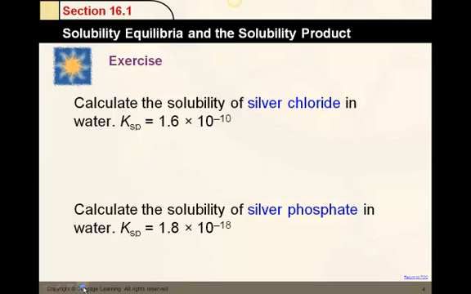Well, the first thing we need to do is write an equation for silver chloride solid breaking into its ions, which I've already done on an earlier page, but I'll do it here. I'm going to do the same thing for silver phosphate breaking into its ions.